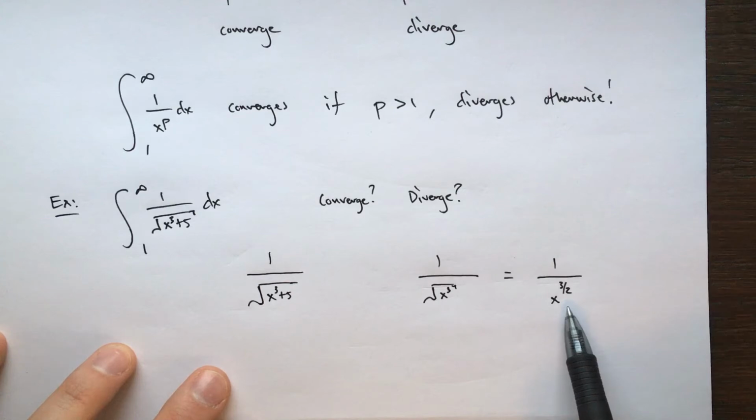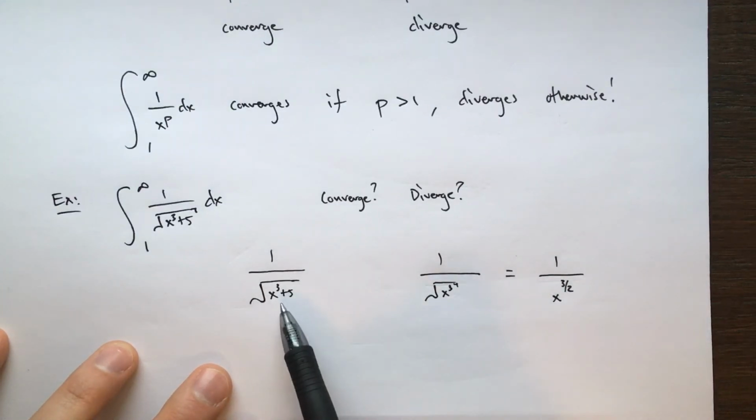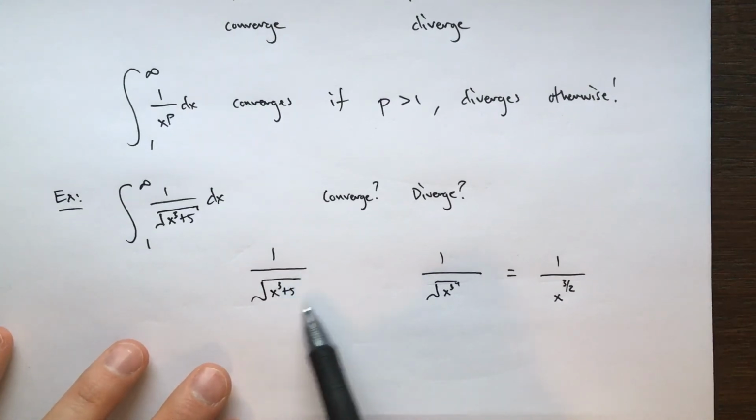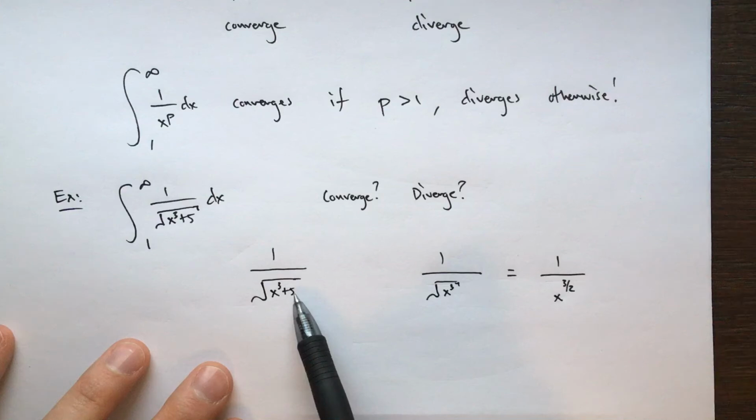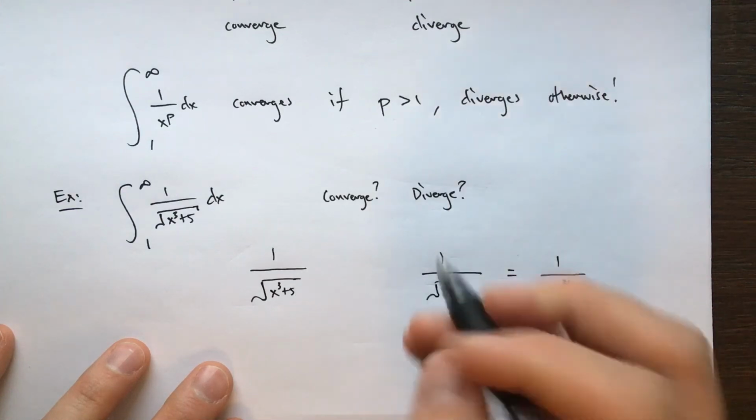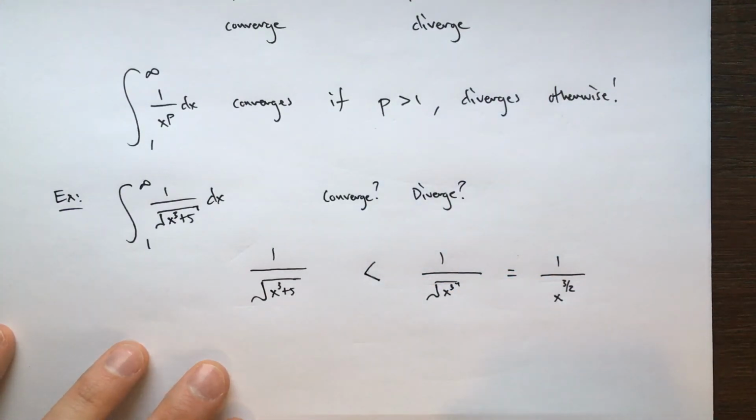Now this right here converges because 3/2 is bigger than 1. This, I added 5 to the denominator. I actually didn't add 5 because it's in the square root, but I added to the denominator in some sense. And when you add to the denominator, things get smaller. So this is less than this.